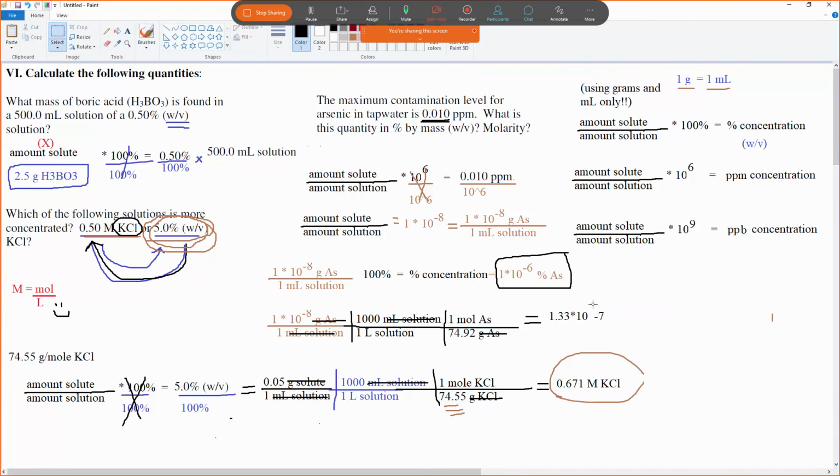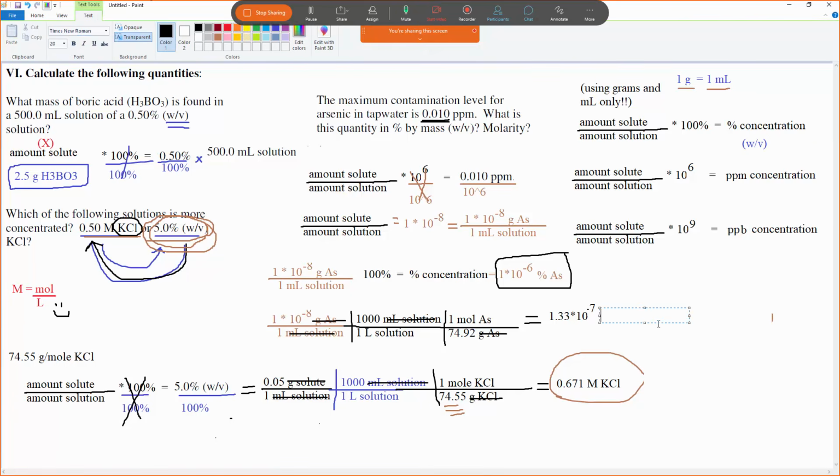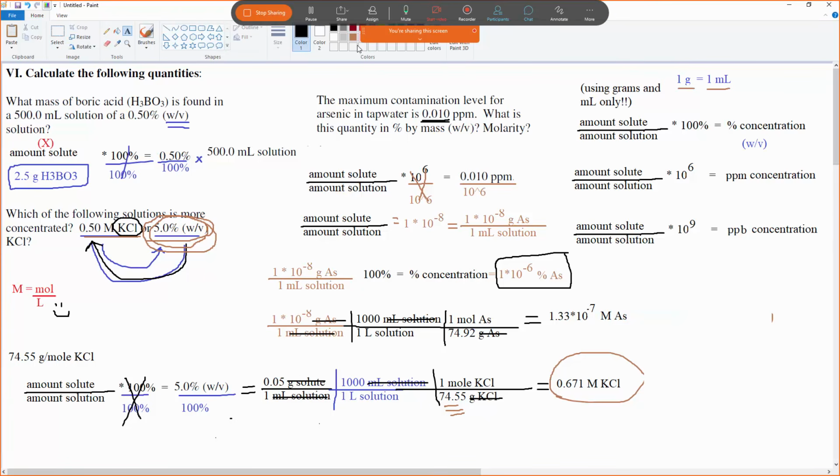Oh, and I forgot my units. That's going to be molarity arsenic. Does that make sense? Does that help you? We got kind of cut off on this last Thursday, so it's nice to cover it again.